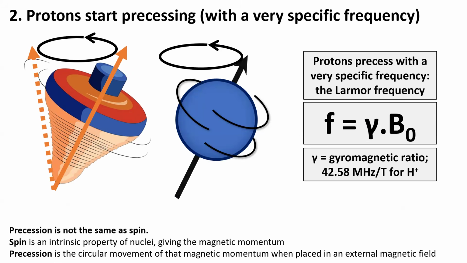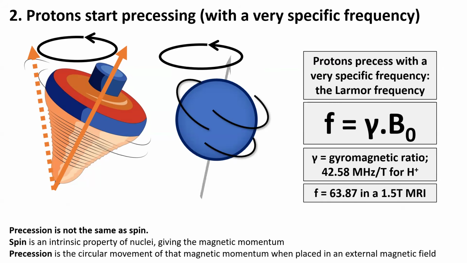And for protons, the gyromagnetic ratio is 42.58 megahertz per Tesla. So that means that if we place a human body inside an external magnetic field or an MRI machine of 1.5 Tesla, the frequency, or the Larmor frequency, of the protons in the body will be 63.87.